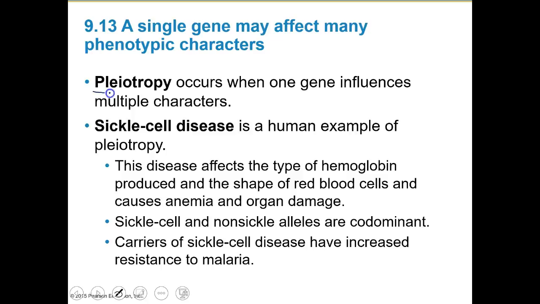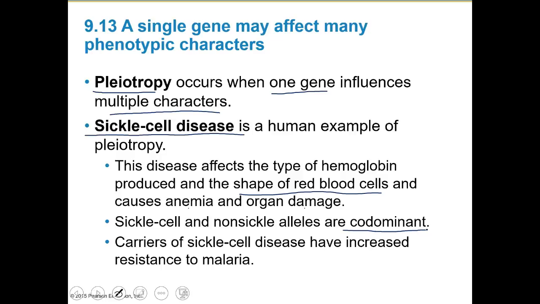We have a thing called pleiotropy that occurs when one gene influences multiple characteristics. We'll look at some examples. Okay. Sickle cell, for example, is pleiotropy. So the disease affects the type of hemoglobin produced and the shape of the red blood cells, and it causes anemia and organ damage. So sickle cell and non-sickle cells are codominant, so it's kind of a patchy thing.